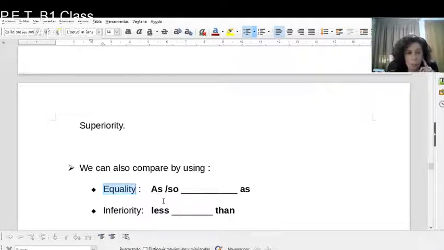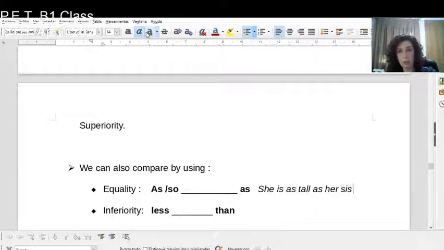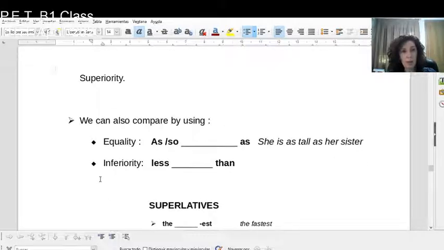For example, if two people have the same height, we could say she is as tall as her sister. Then we are comparing, but they are equal. We have to use as, the adjective or the adverb, as: as tall as. But sometimes we can also compare by using inferiority.